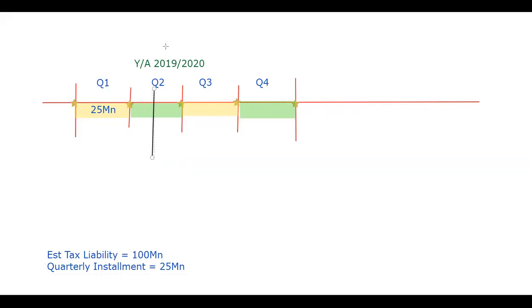Then you need to pay 25 million. You estimated this as 25 million, and therefore based on this estimated amount, you make the payment, right, for this quarter.